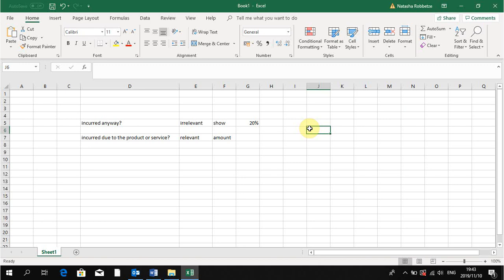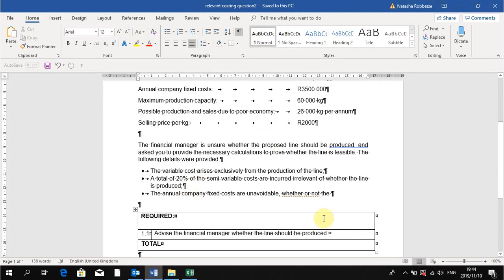So this means that only 80% of the semi-variable cost is really relevant, because 80% of that cost is incurred because we are making the new product line. The 20% will be incurred anyway, so therefore it is considered irrelevant.